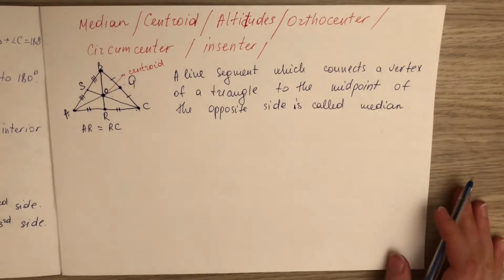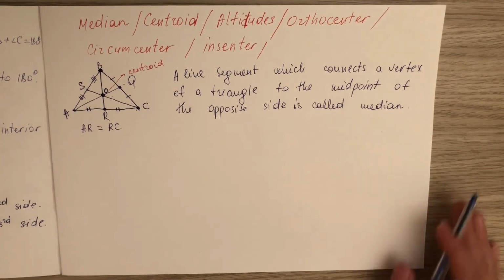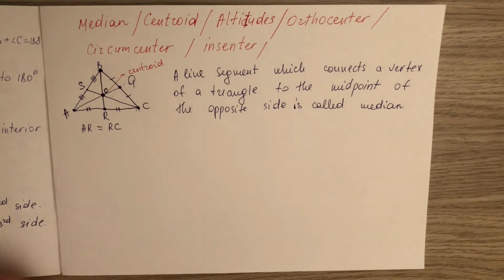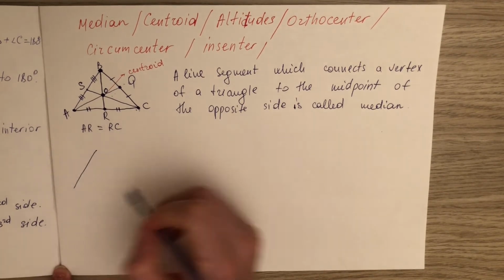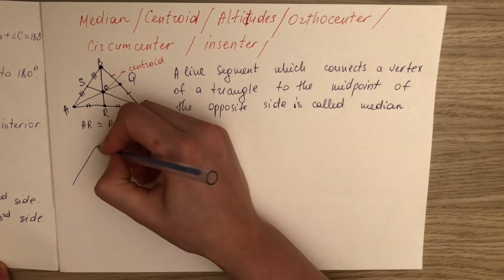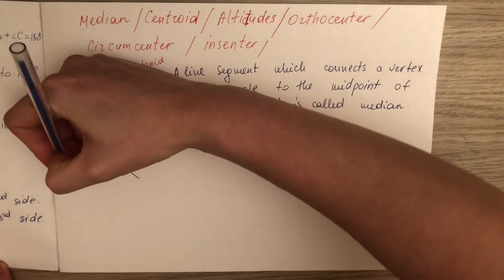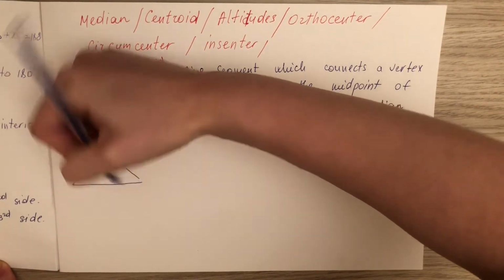Let's continue. Altitude of a triangle. What's altitude? This is our another triangle.